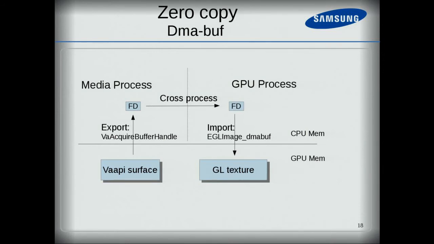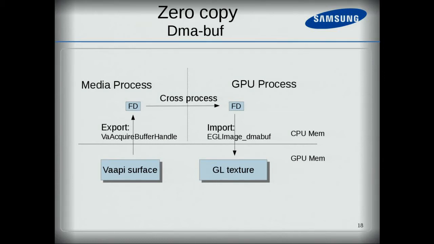So the solution, which we have experimented with, is using DMA buffer. And we have also used VA-API. In libva, you have a function on the left, vaAcquireBufferHandle. It allows you to export a VA surface to a DMA buffer. Then you get a file descriptor.